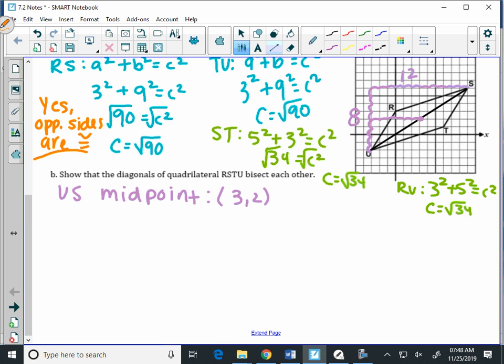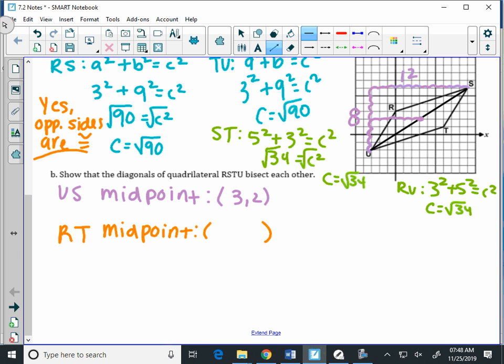So now let's find the midpoint of RT. And connect those opposite angles. We're going to connect R to T. And you can kind of tell, yeah, they probably have the same midpoint, but again, back it up. Do the math. Same thing.